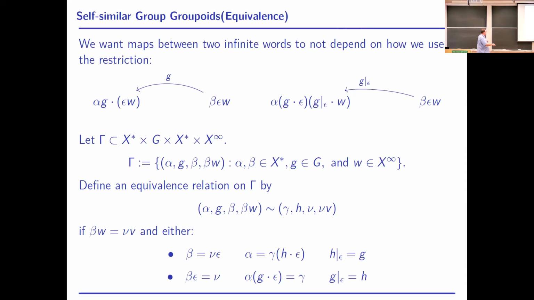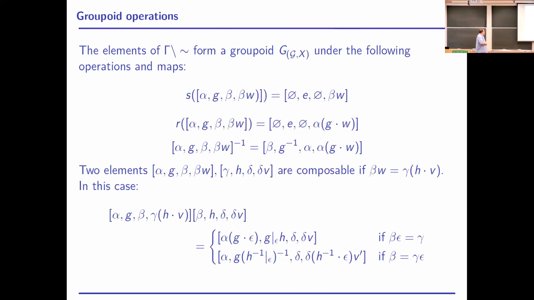So if beta is longer than mu, then mu must have an extension epsilon, and then alpha has to equal gamma concatenated with H acting on the extension, and that H restricted to the extension has to equal G. So depending on which way around you get two equivalences. And again, apologies for the notation.